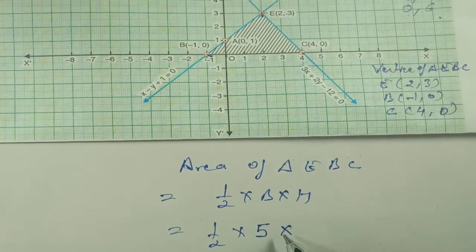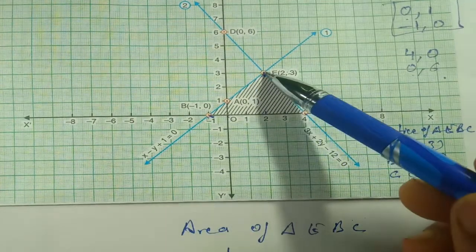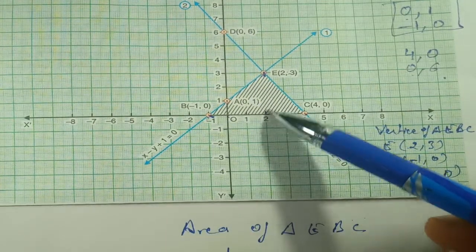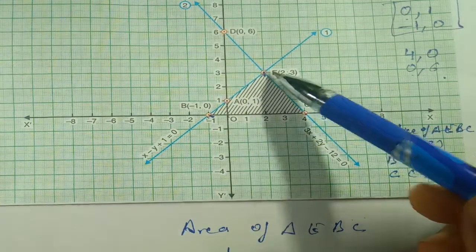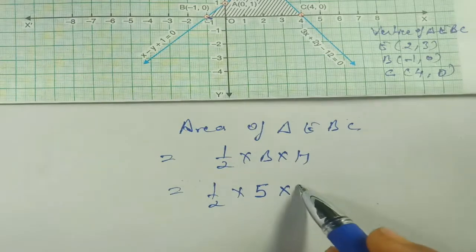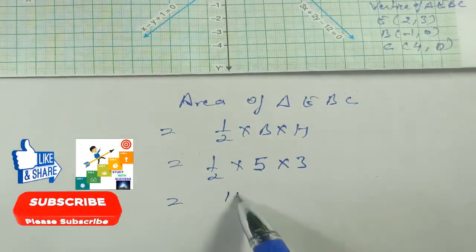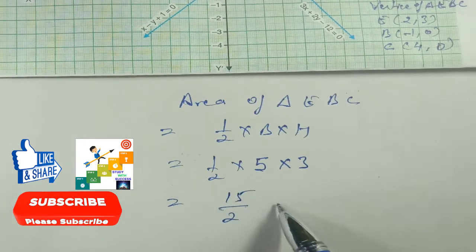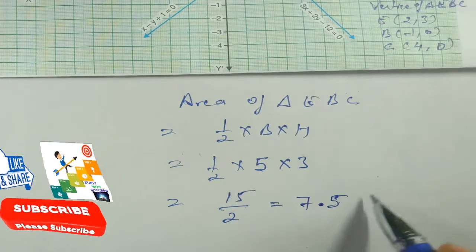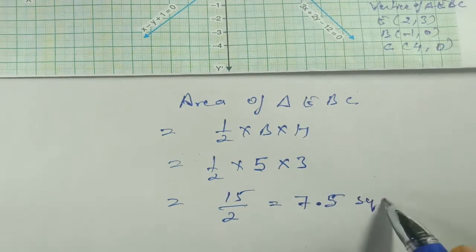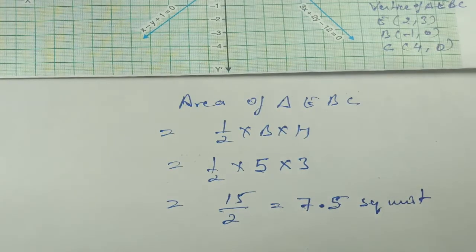And the height? Height means the distance of the vertex from the x-axis. This is 3. Now calculating, we get 5 times 3, 15, divided by 2, which is 7.5 square units. Because no unit is given, we write square units.